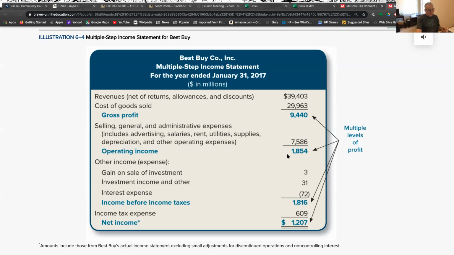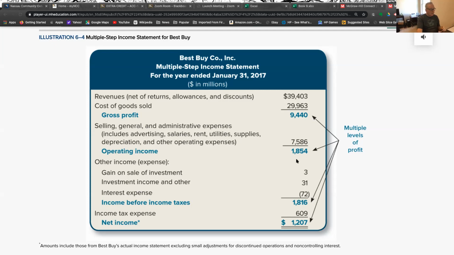In my opinion, this is the most important number on the income statement, right? Everybody gets obsessed with net income, but really this is the important number, because when you want to invest money to buy a stock of a company like Best Buy, why are you buying that? You're buying it based on how good they are at buying and selling electronic merchandise.